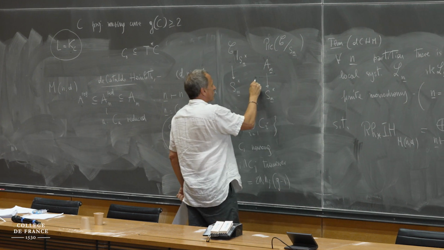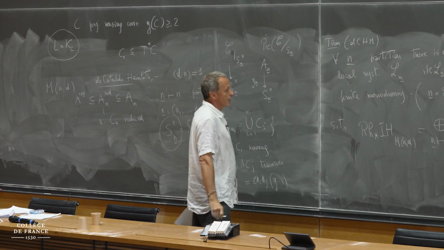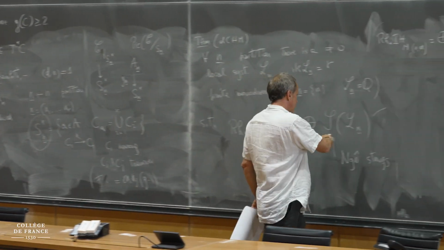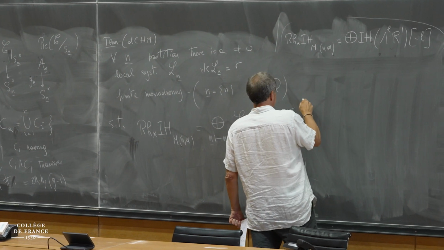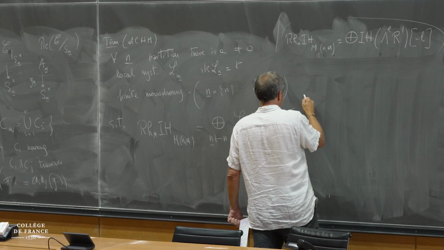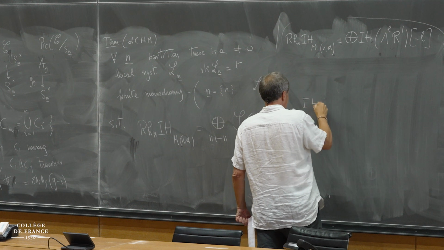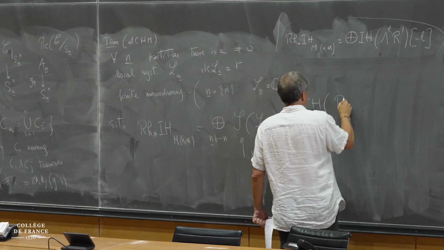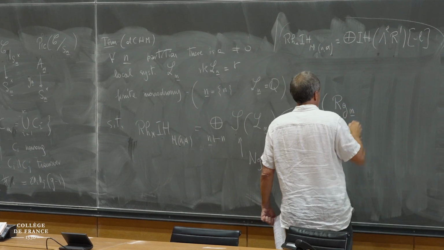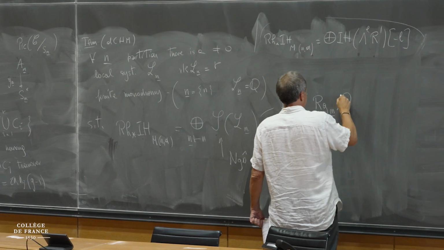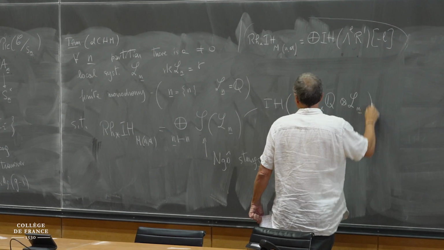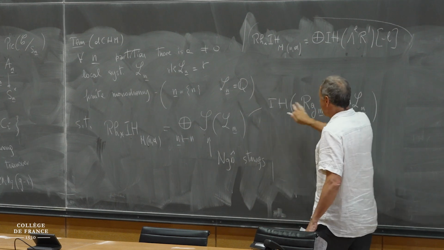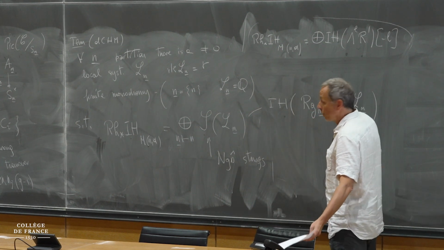And, well, call this guy Gn. So these strings are, well, let me be a bit abusive: IH of R Gn lower star of Q tensor Ln. So by this, I mean the following.